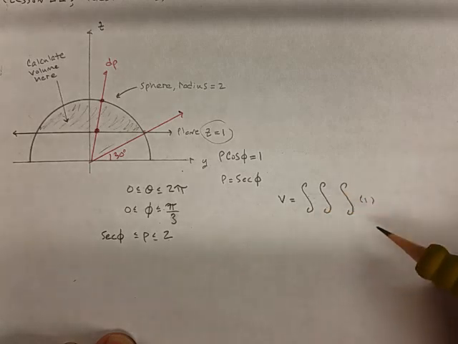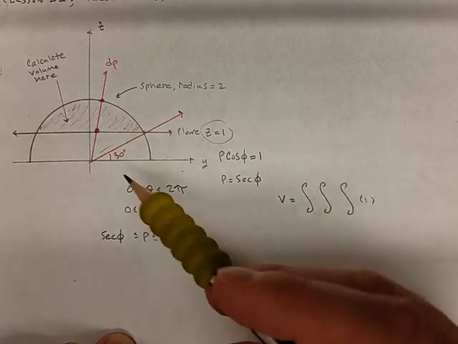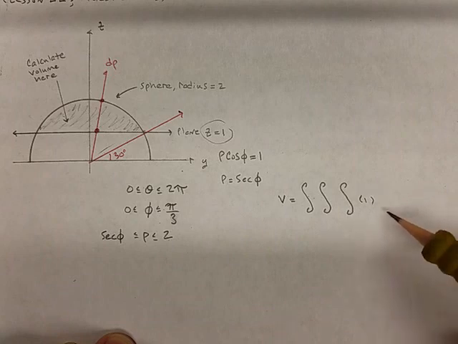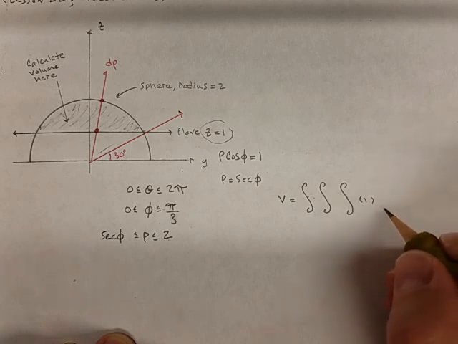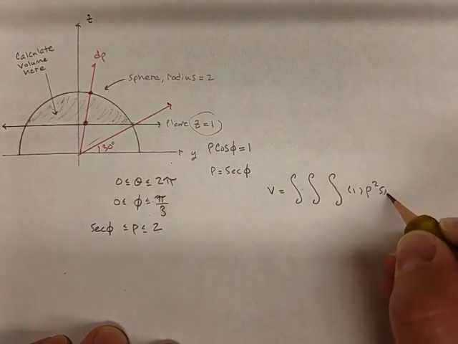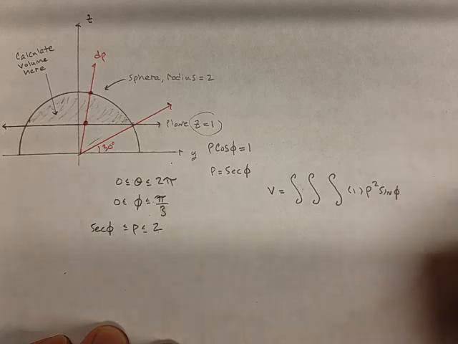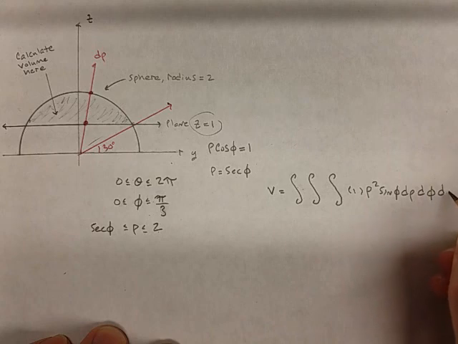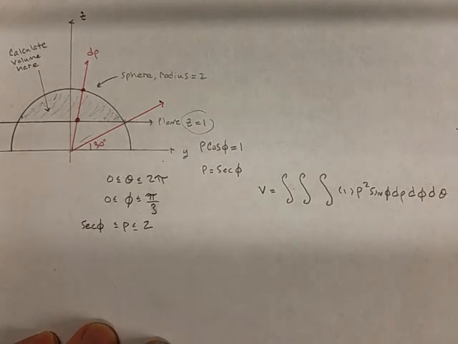If it was rectangular coordinates, if everything was measured in terms of x, y, and z, I would say some combination of dx, dy, dz. In spherical coordinates, the volume differential is rho squared sine phi d rho d phi d theta.